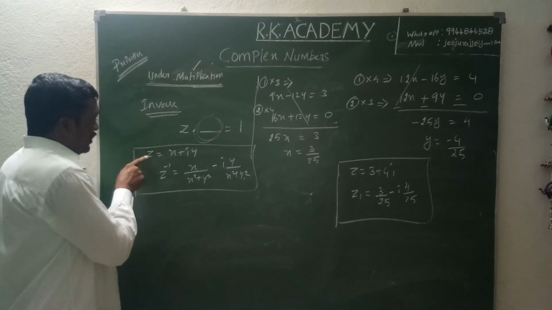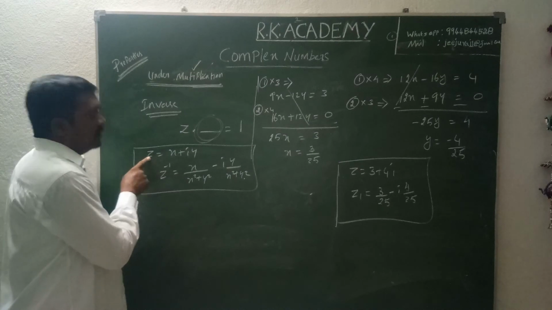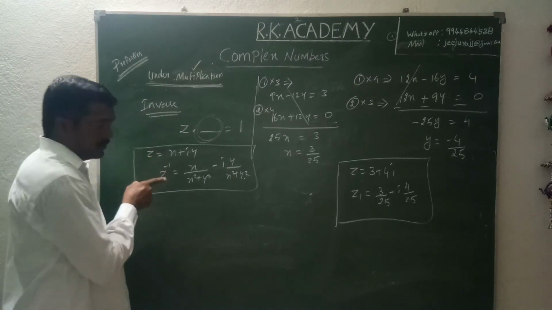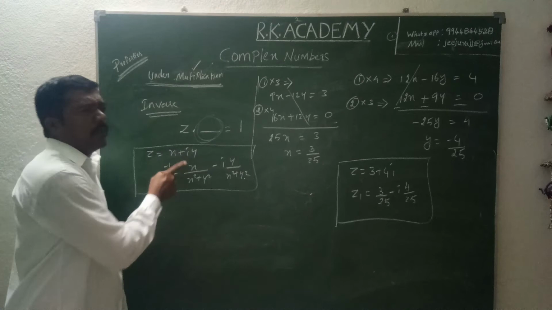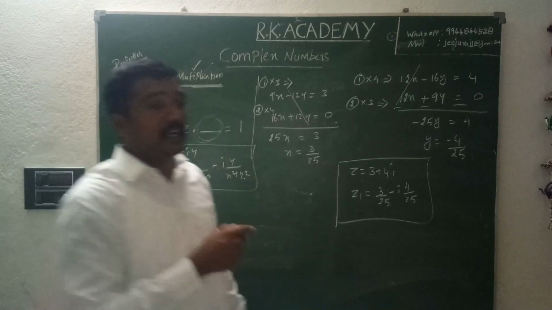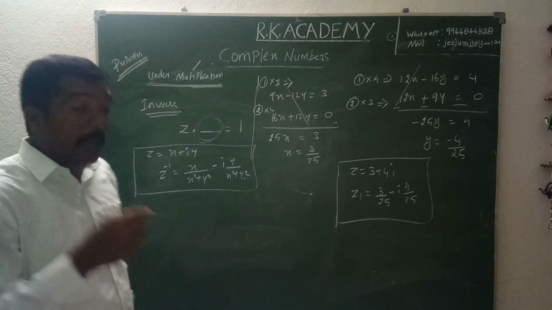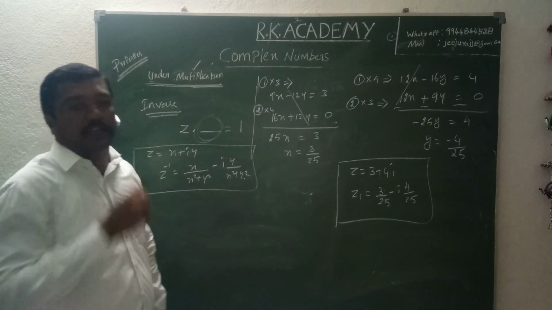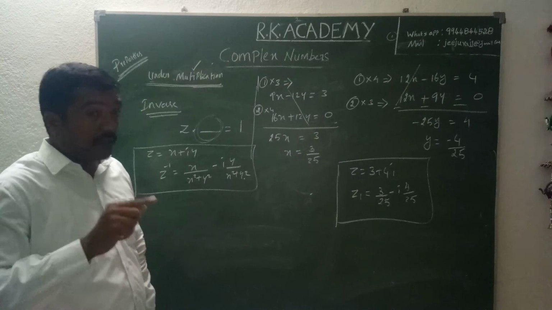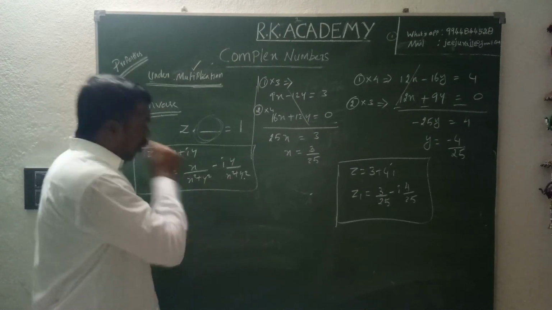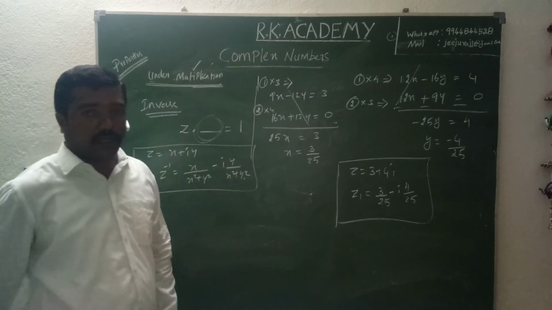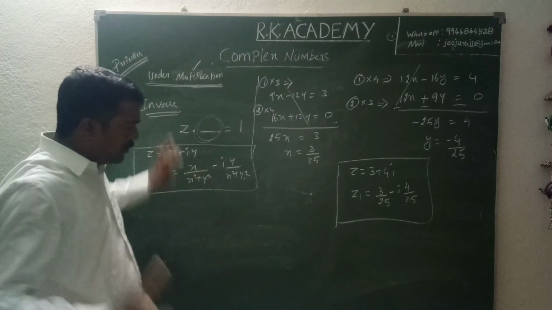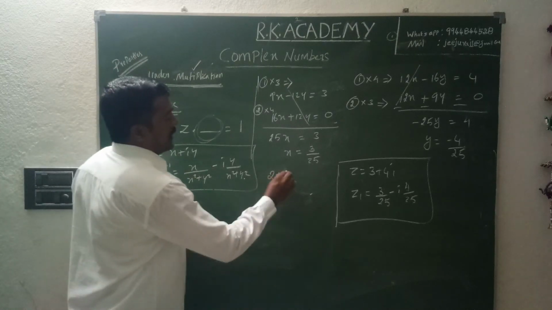So now, taking a complex number, what about the inverse? We can write it like this: real part by the sum of the squares of the real and imaginary parts, minus i into the imaginary part by the sum of the squares of the real and imaginary parts. So it is the formula. Suppose I take 2 plus 3i.